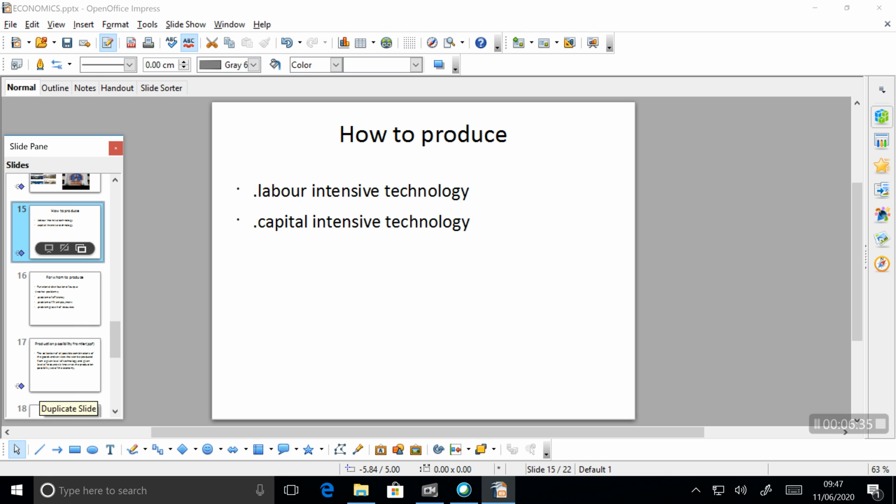The choice of the appropriate technique depends upon the availability of labor and capital and the price it commands in the country. That is the second problem, how to produce.